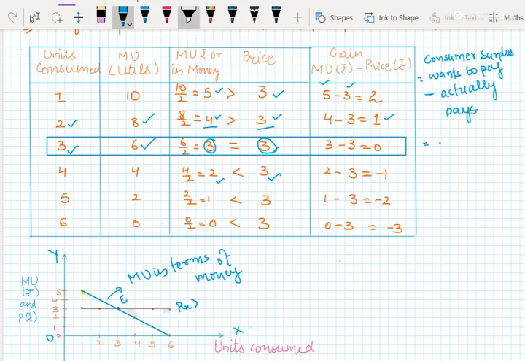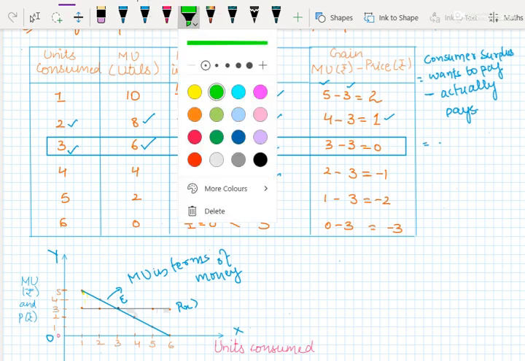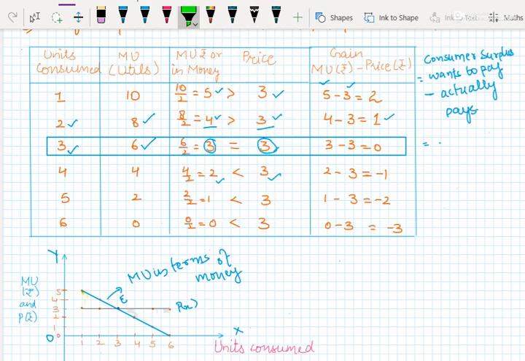To understand it better, let's highlight this area. This area shows the gain of the consumer.